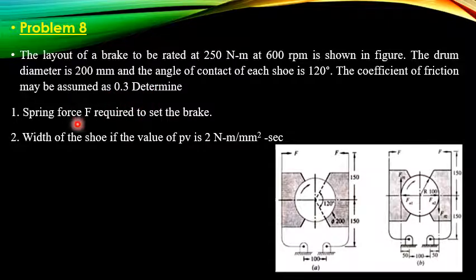So we are required to determine the spring force F, that is the force required to apply the brake. Then the width of the shoe B', if the value of PV is given as 2 newton meter per millimeter square second.